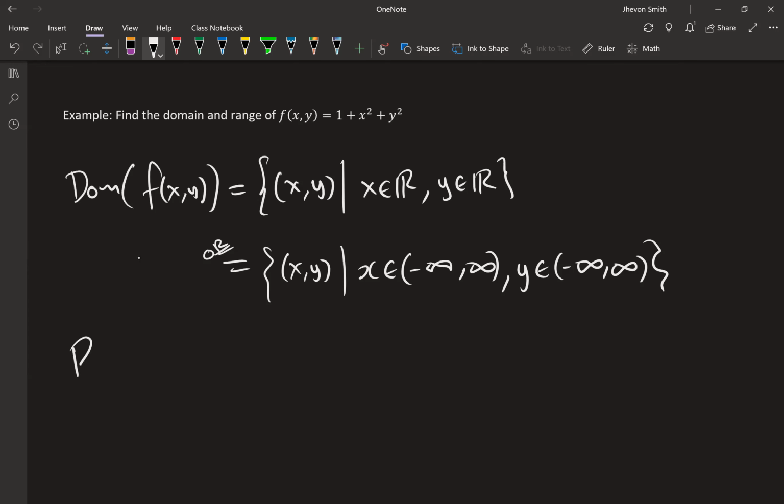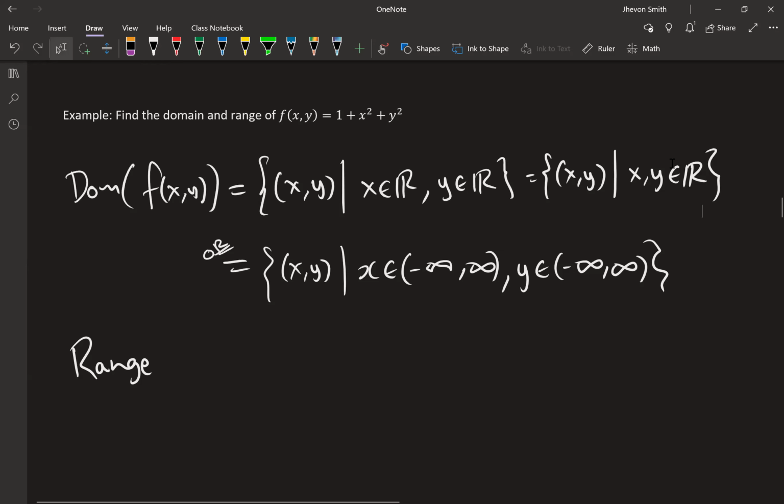What about the range? Yes, you could also say x comma y in R. Or another way to say this is, x comma y is an element of R2.